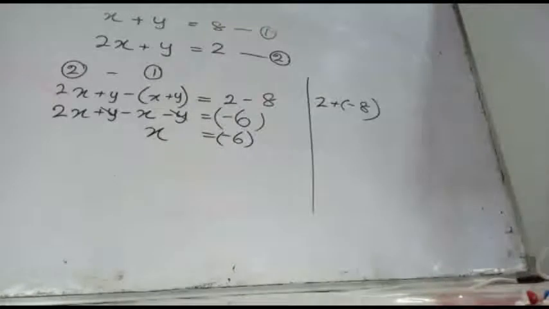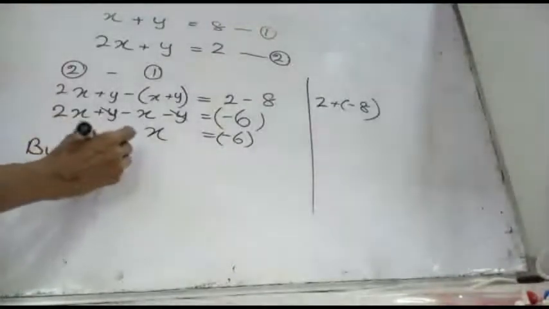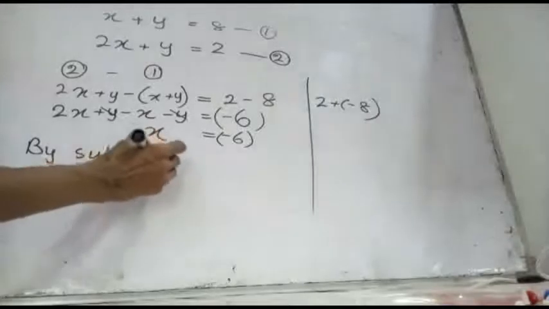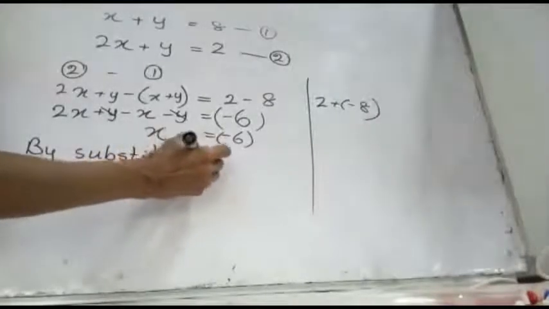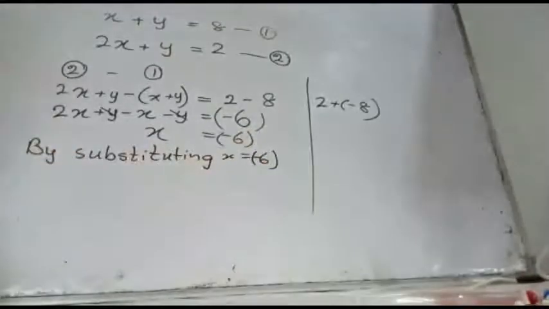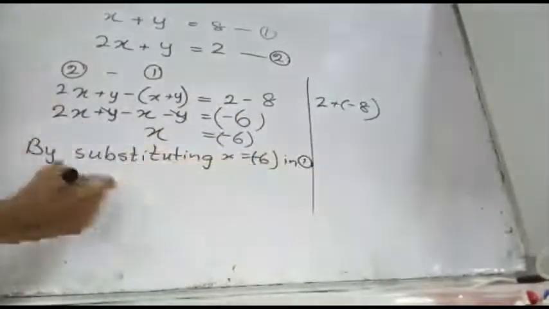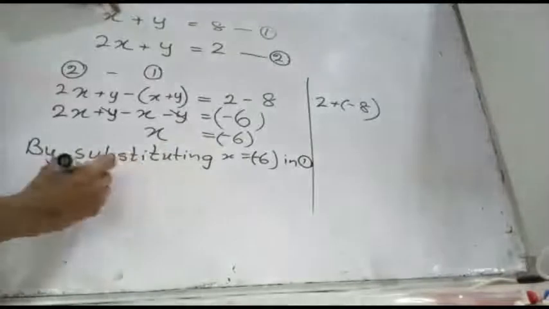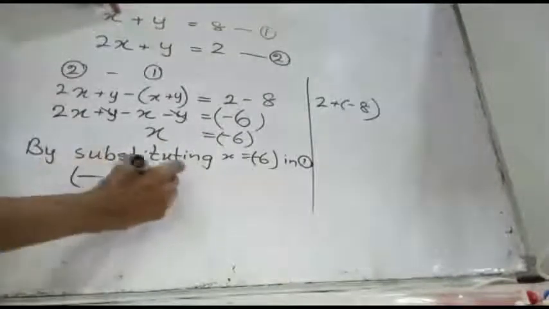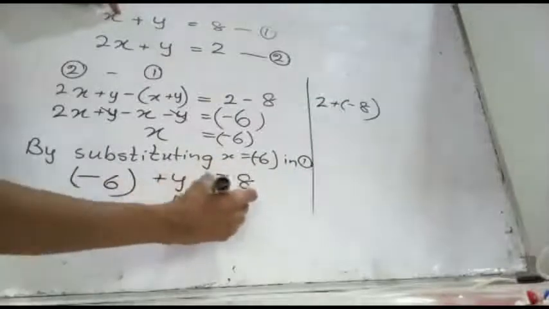By substituting x is equal to negative 6 in the first equation, negative 6 plus y is equal to 8.